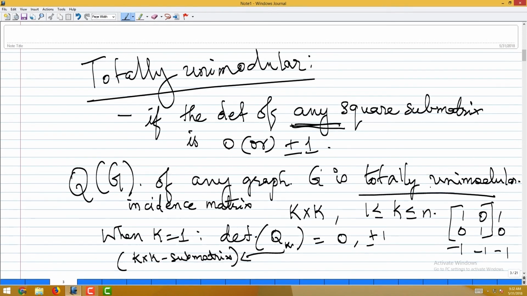The beauty of this result is that we will extend the similar property to Laplacian matrices also, and this idea of unimodularity also finds applications when you are trying to solve an integer linear programming problem. This matrix has determinants only 0, 1 or minus 1, especially when I connect it with my graph and have an incidence matrix.